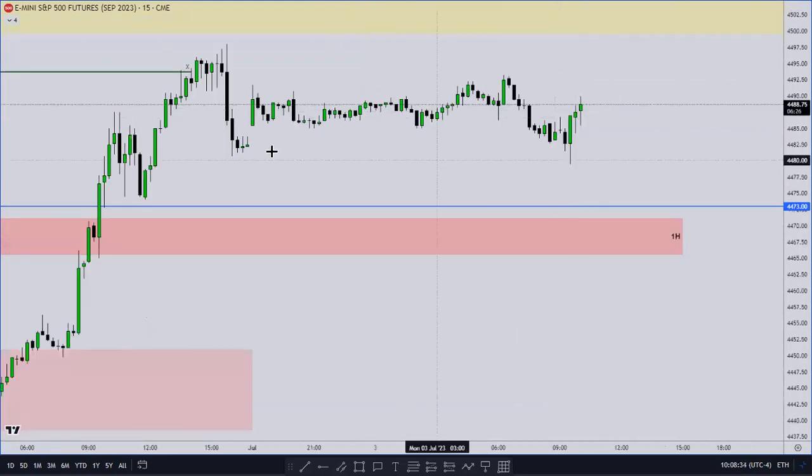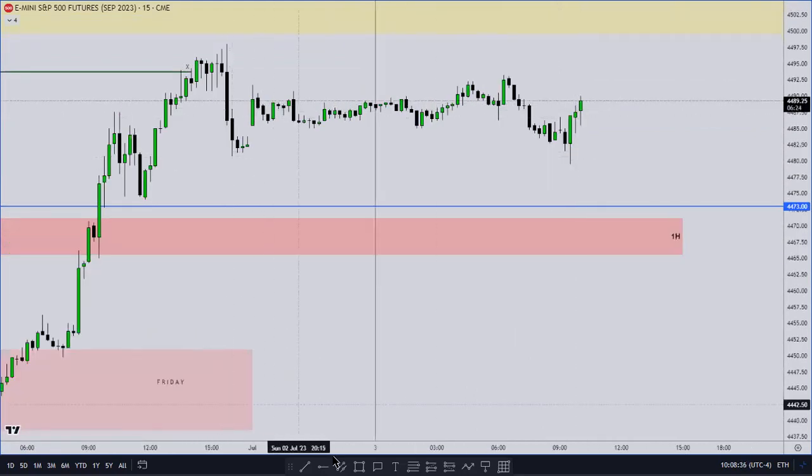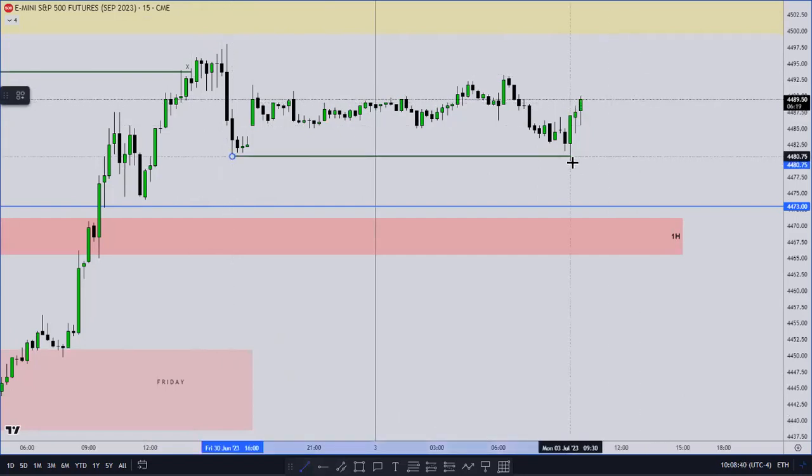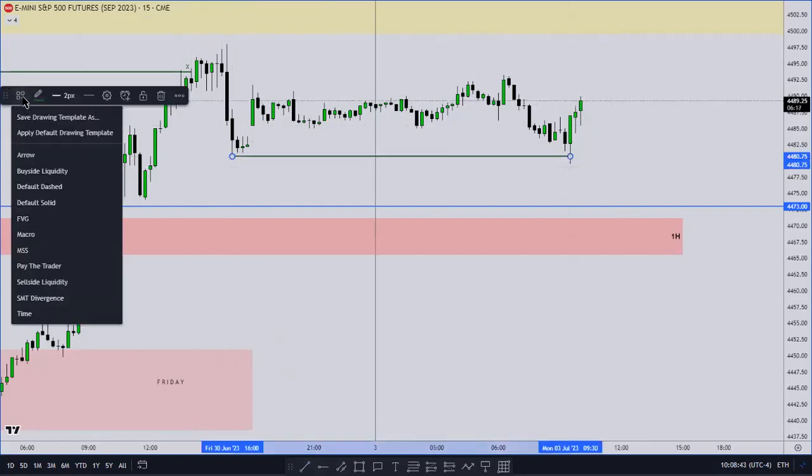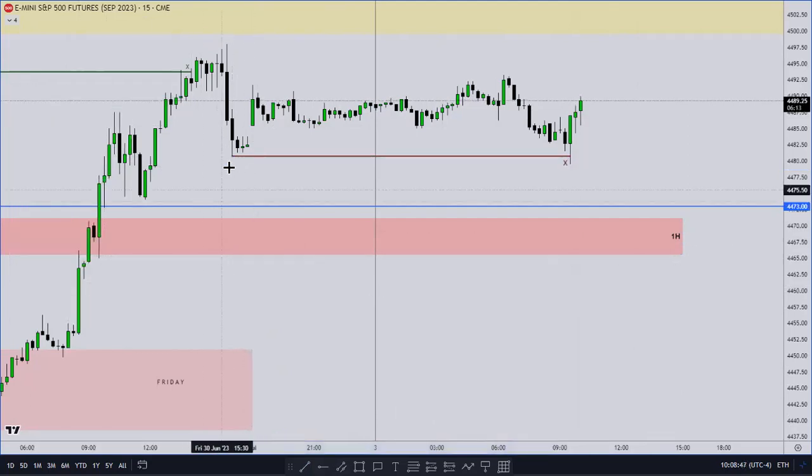Let's go to the 15. I see we have taken out sell side below this low. We made a wick.